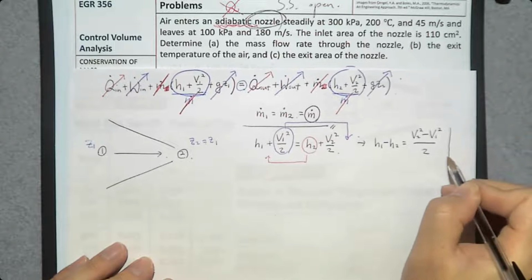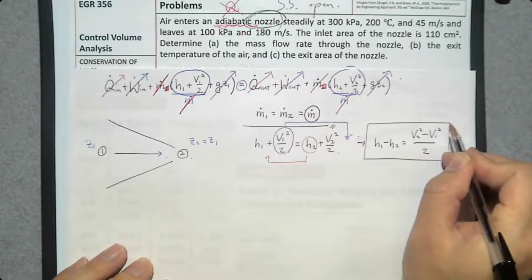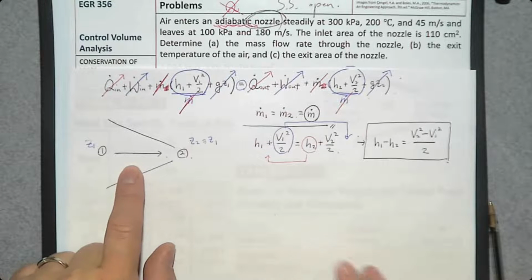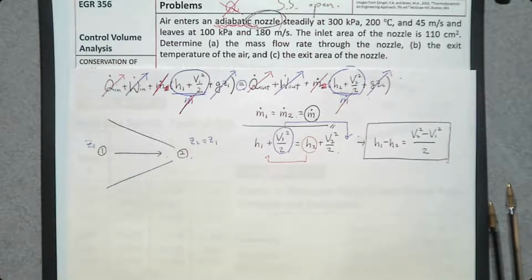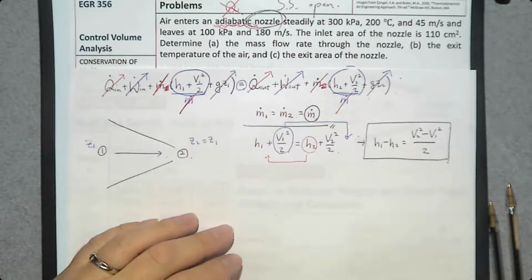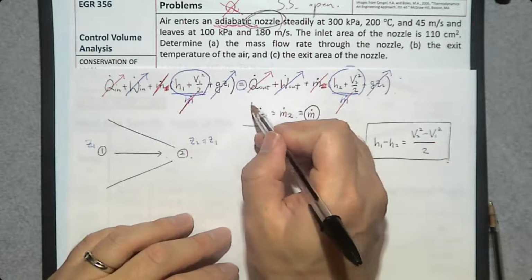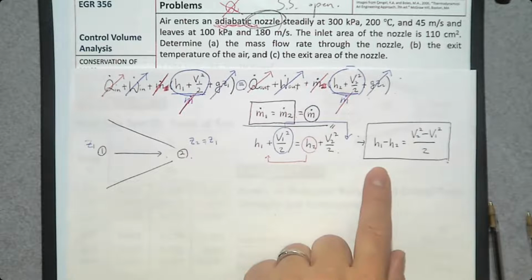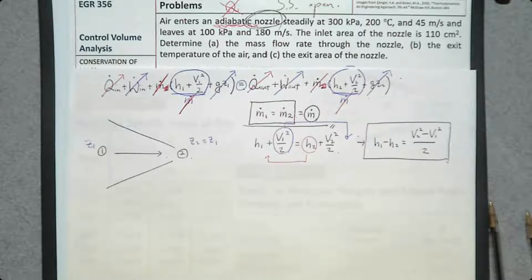So this is the energy balance equation we can use for this control volume. Okay. So we have two governing equations. The first one is mass balance, and the other one is energy balance.